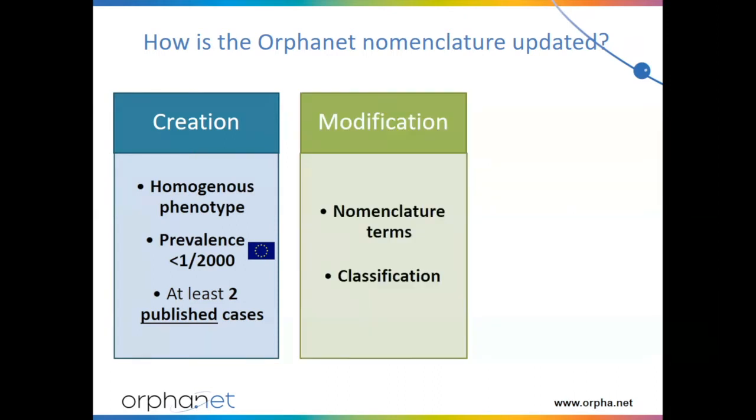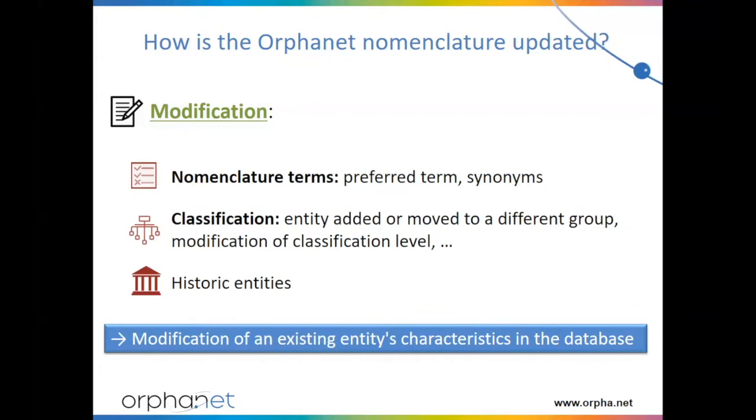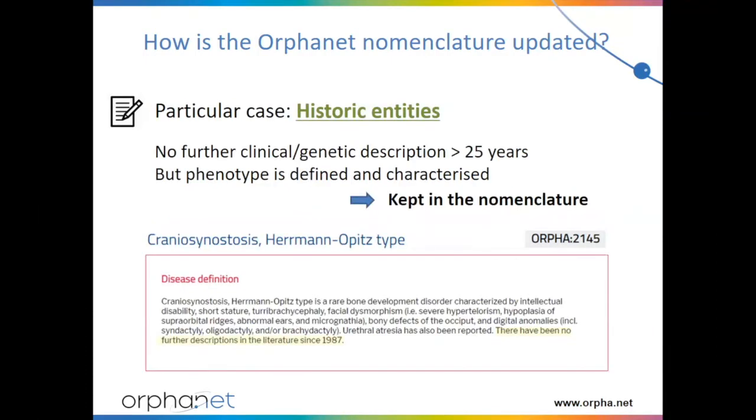The second type of action is the modification of an existing clinical entity. This can be an update of the preferred term or synonyms, or a modification of the classification level. This is quite rare, but it does happen sometimes. We can take an entity out of a classification group and move it to a different group. And some phenotypes can be labeled as historic.